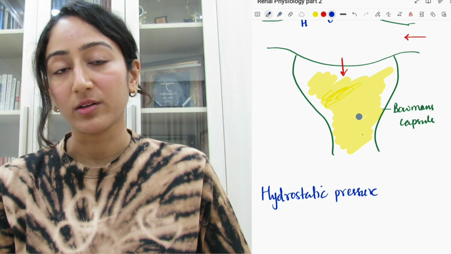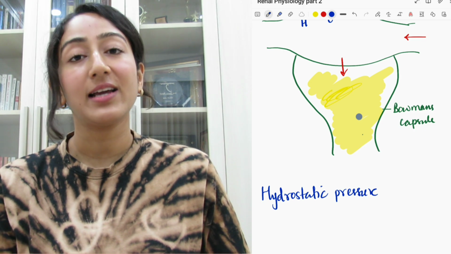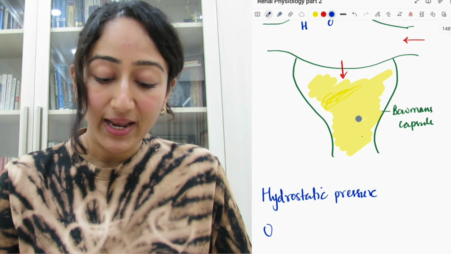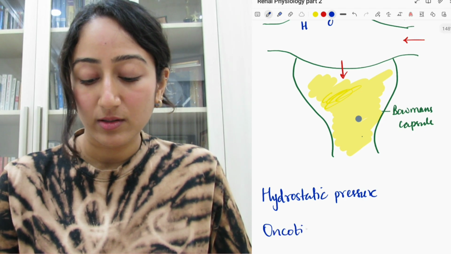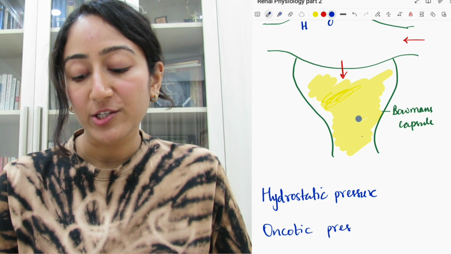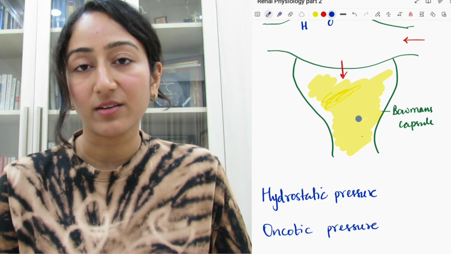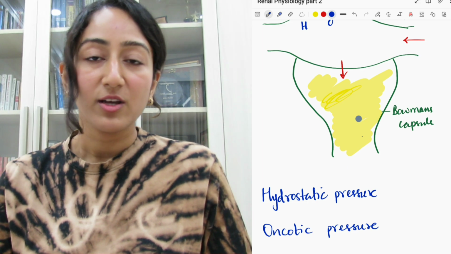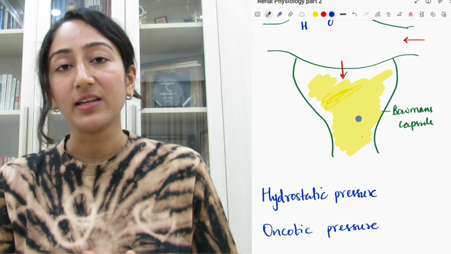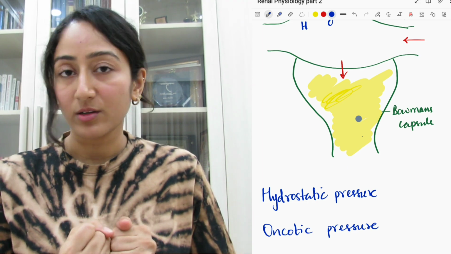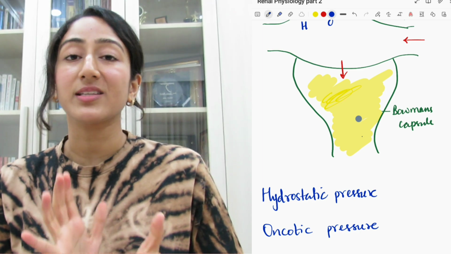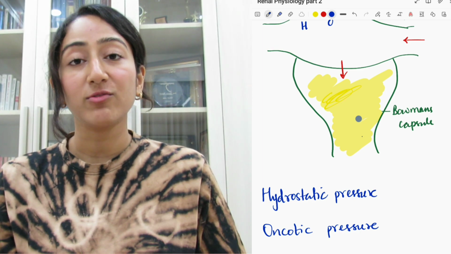For example, water will exert a hydrostatic pressure, whereas the oncotic pressure is a pressure which is exerted by the plasma proteins in our blood. For example, any plasma protein will want to retain the water to itself, right? It will not want to send out the water. It's kind of like osmosis.